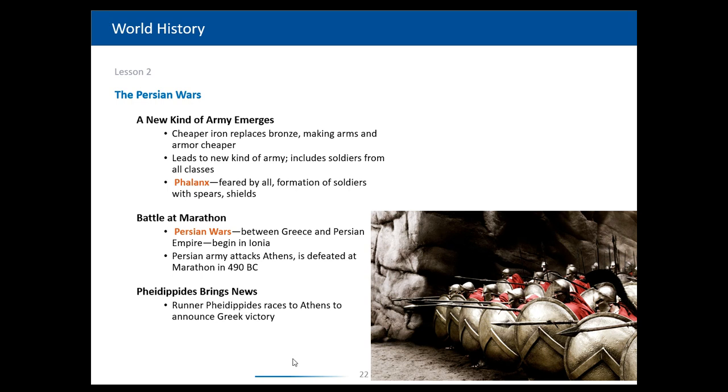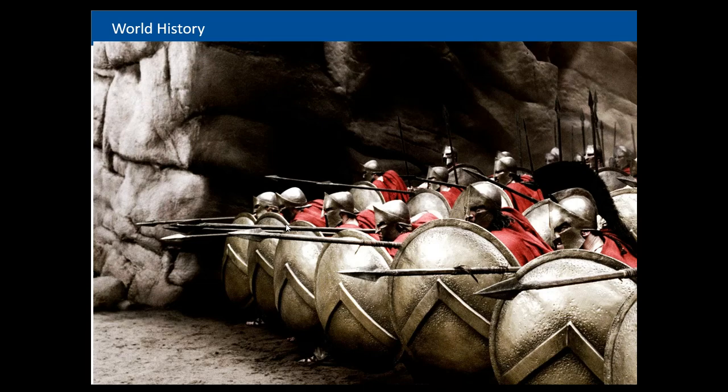Phidippides brings the news. He's a runner who races to Athens to announce the Greek victory, and he does die once he gets there and announces it. But this is where you get the term marathon from. Here's a picture of the Spartans about to fight the Persians.